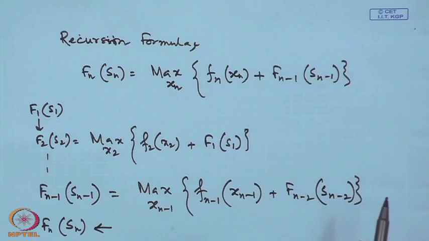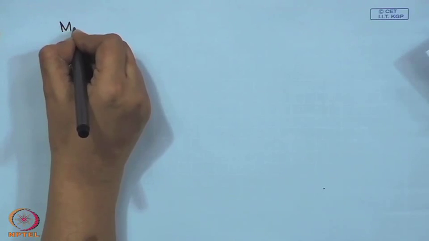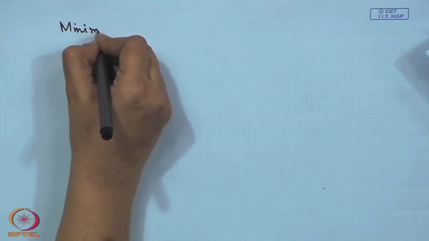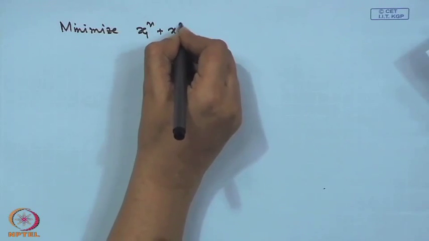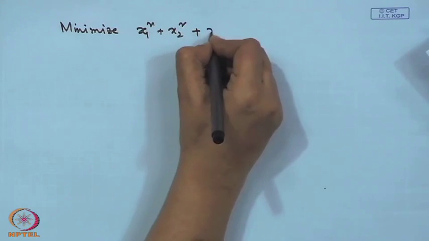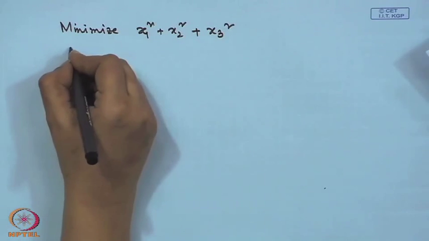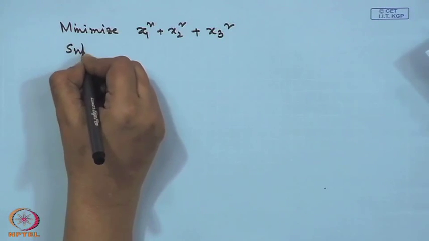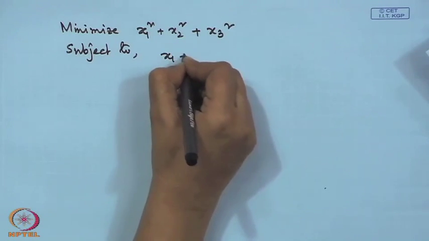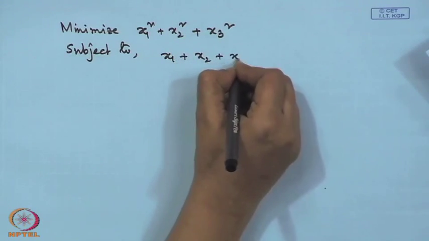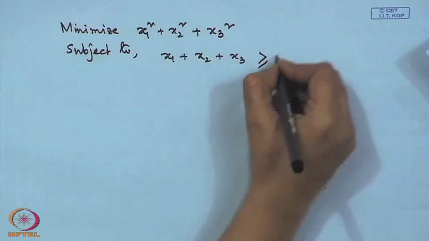Let us consider a numerical example so that you can understand this model in a better way. The constraint is greater than or equal to 15.